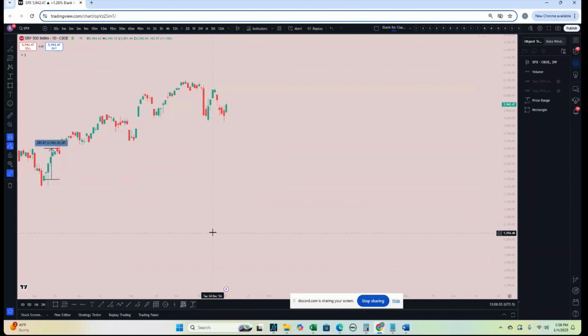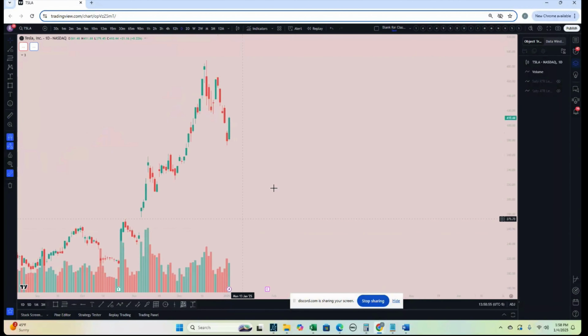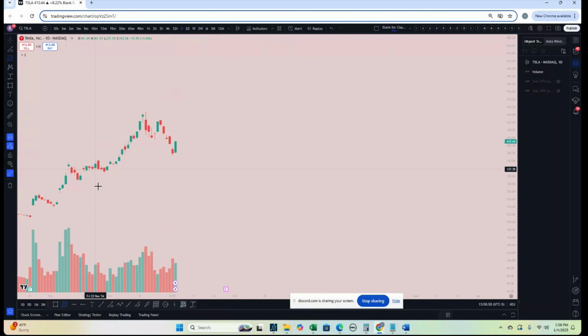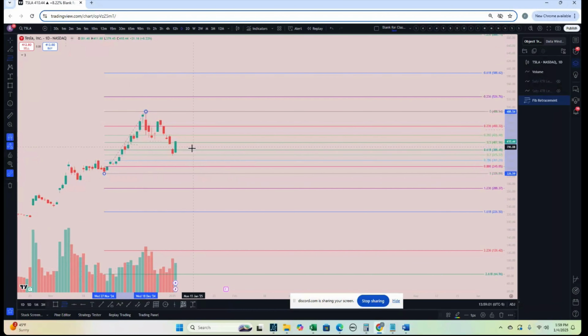Go to a different ticker. Look at Tesla. What do we hit? 0.618 or 0.7, major reaction. So now what I would do is if I'm trading this and I caught it here, if I'm not sure about us going back down or going back up, I may just target this 0.236 level.